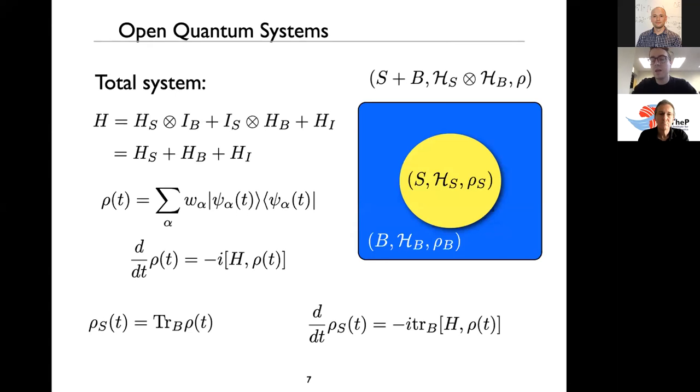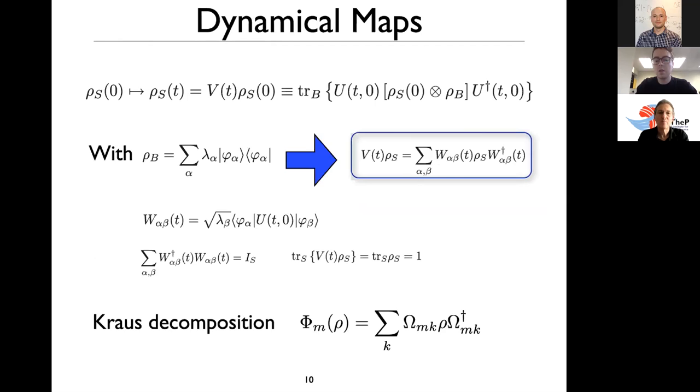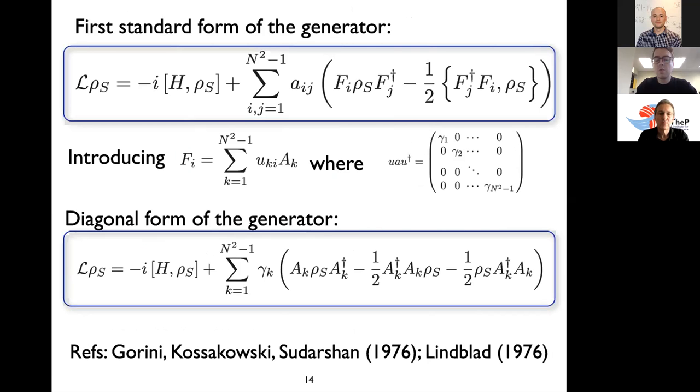Then you basically end up with a master equation of GKSL form. So basically what I will do is connect the form of the master equation that I've given here to the actual derivation that you can perform microscopically.